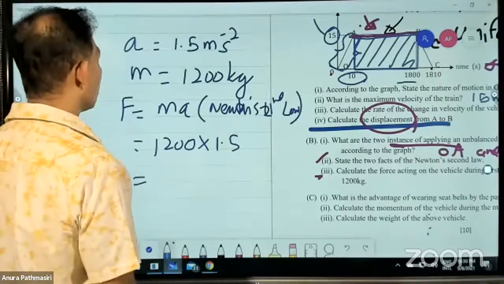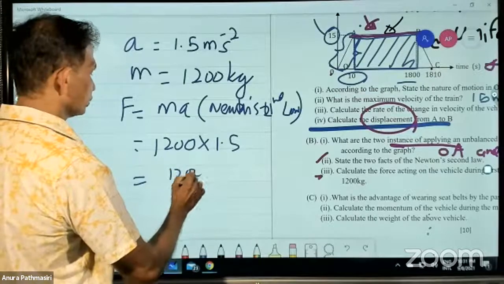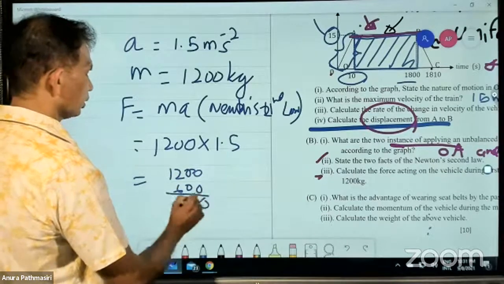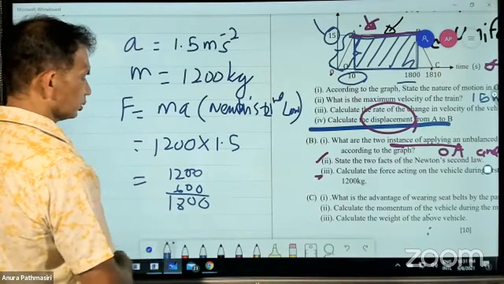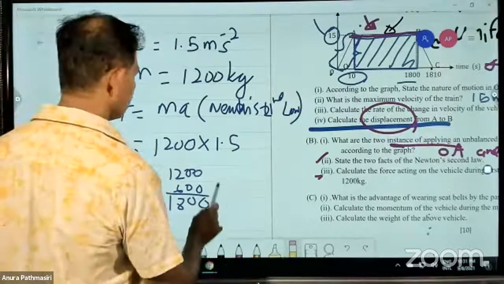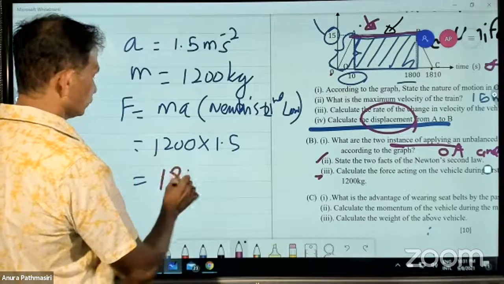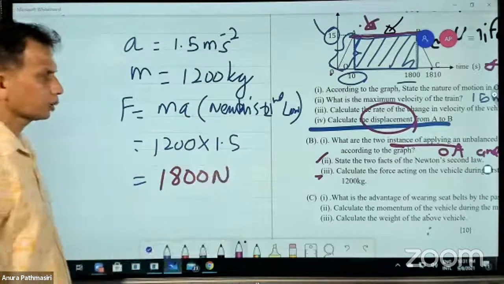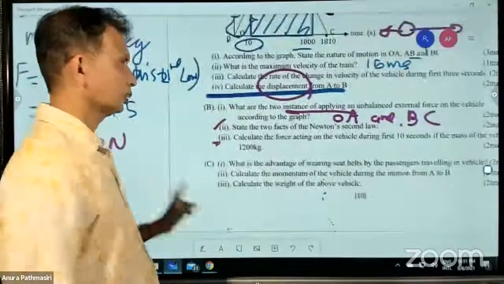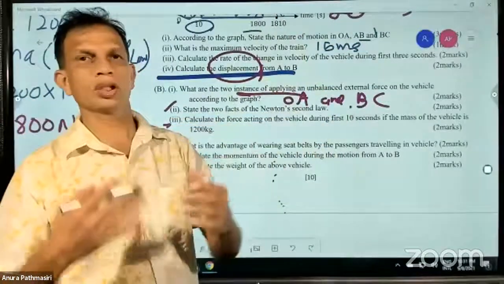So 1,200 times 1.5: half of 1,200 is 600, together 1,800 Newton. Am I correct? Yes, sir. 1,800 Newton towards the direction of the motion, not the opposite direction.